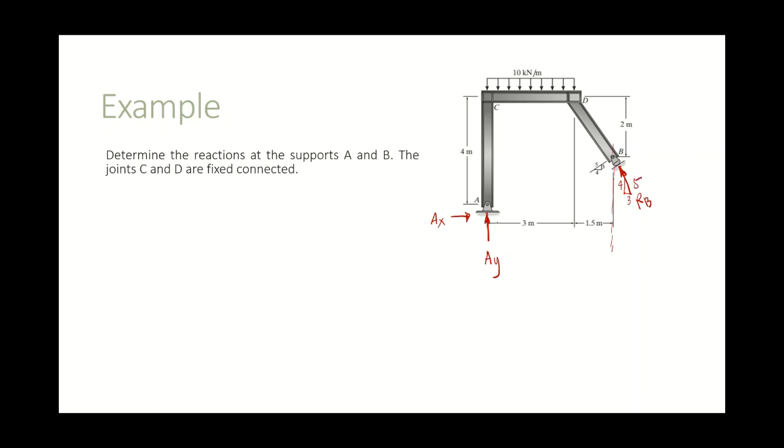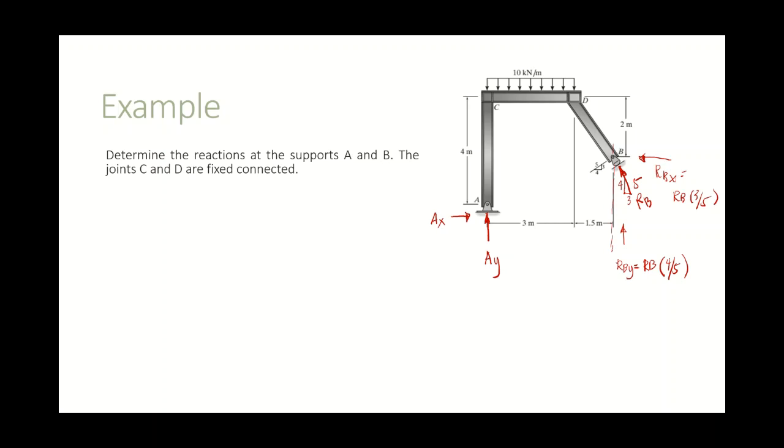So, if we get the horizontal and vertical components of RB, we will have RBY, which is equal to RB times 4/5. Its horizontal component, RBX, equal to RB times 3/5. Let's see, what is the easiest?